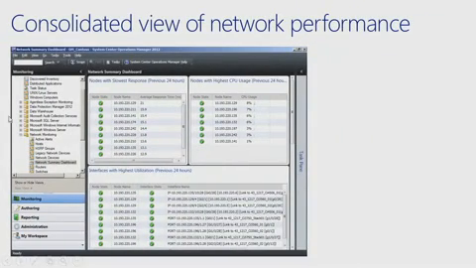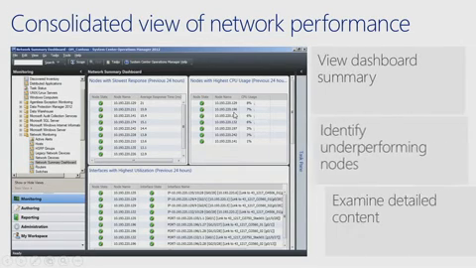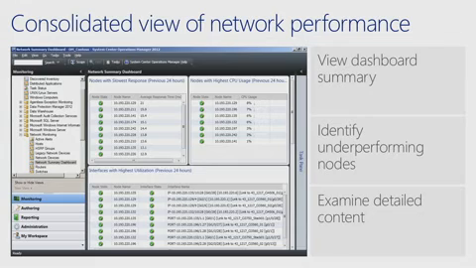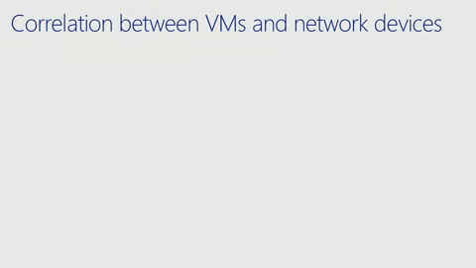So here you're seeing network nodes with the slowest response time, highest CPU usage, and highest utilization on certain interfaces. And that's all in a rich, customizable dashboard, helping us identify key areas of information, such as underperforming nodes or some of the detailed content on other devices present within the infrastructure.